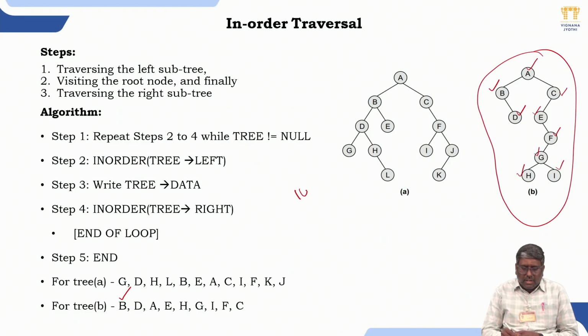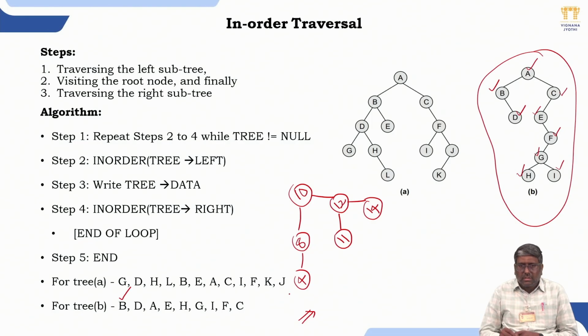So let us take here 10, 8, 4, 12, then let us assume 11 is there, 14 is there. Suppose if we apply the in order traversal, okay, then the elements are in ascending order. So directly we can write the order is 4, 8, 10, 11, 12 and 14.